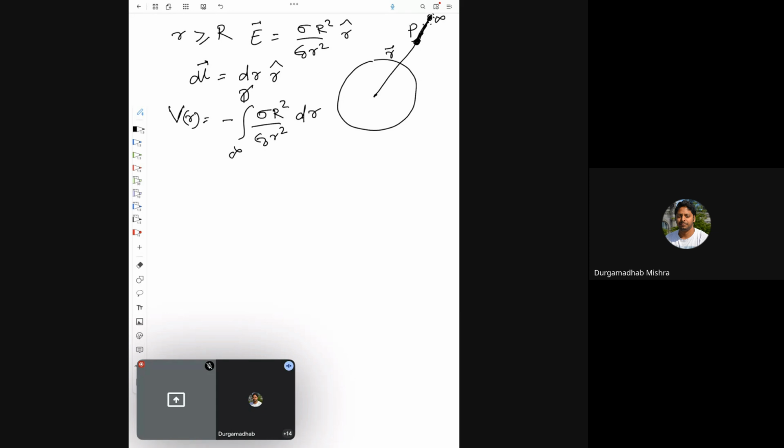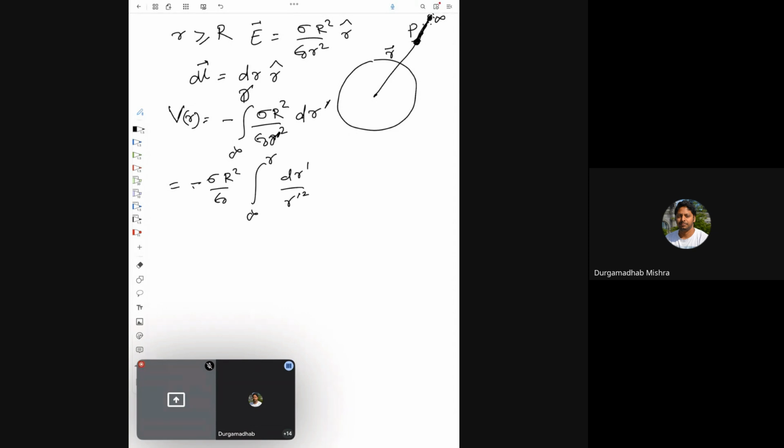Sometimes, to avoid confusion, you can call the variable dr prime, so the variable is not r but r prime. Now let's perform the integration. You have a lot of constants which we can take out, leaving dr prime by r prime squared.